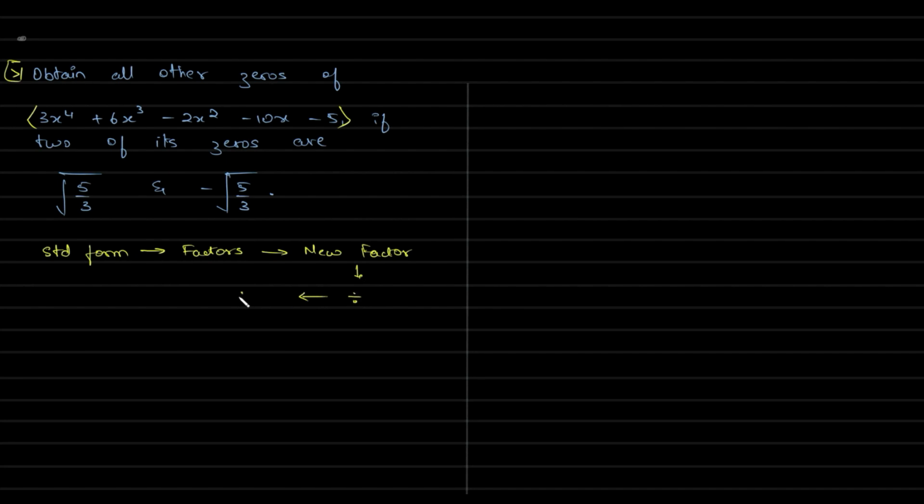Then you use splitting the middle term and find the zeros. Okay, so these are the steps. Learn the idea; you can use this in any given question. So please pause the video or go back to the other video, learn from that, and do this question.